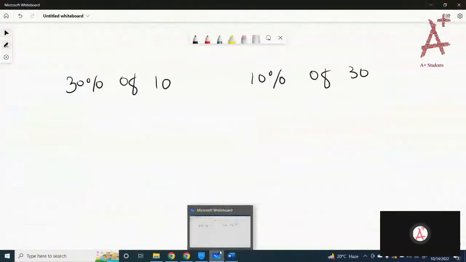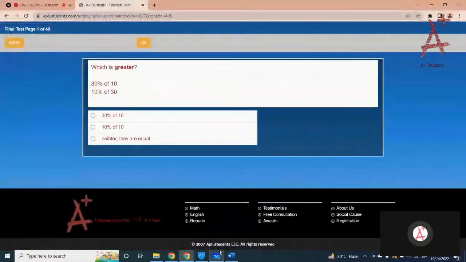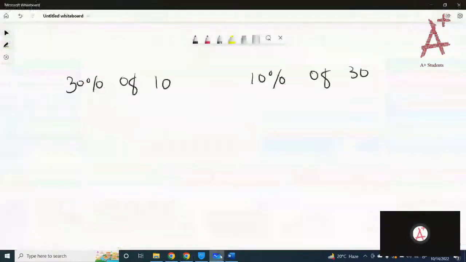Let's just calculate both the percentages and let's see which one is greater. Got it? So 30% of 10 is, just convert the 30% into decimal form. So it will be 0.3, and 0.3 times 10 is 3. Got it? And then for here you have 10%. 10 divided by 100 is 0.1. So it would be 0.1 times 30. Got it?